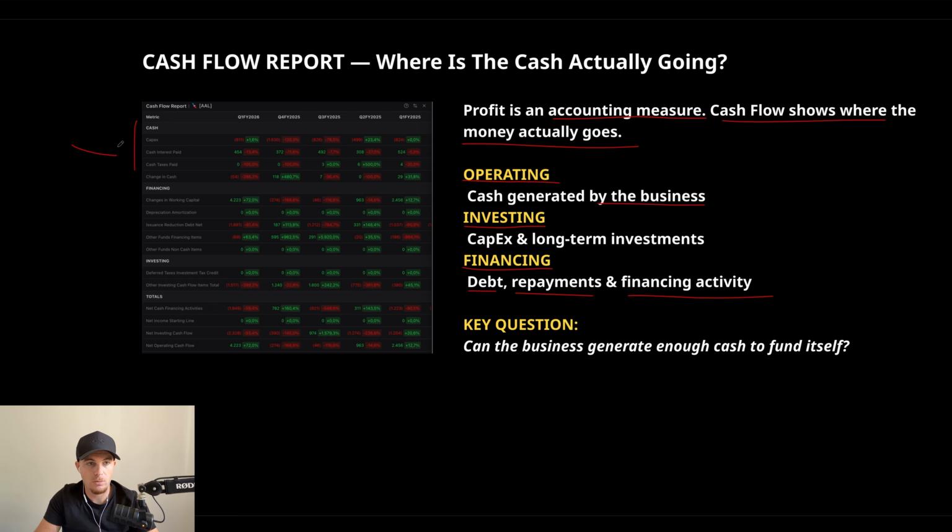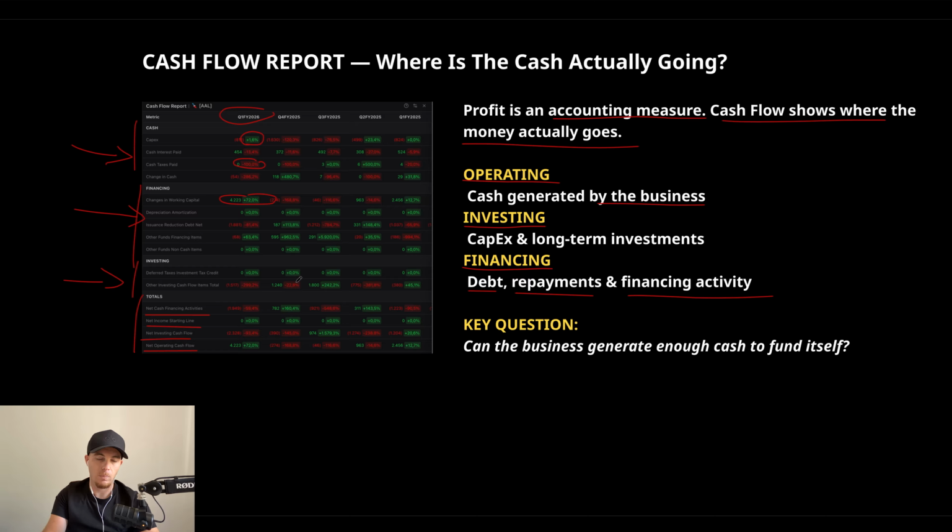You have the cash for American Airlines, the financing for American Airlines again, and the investing for American Airlines, again for Q1. And you can check the percentage here, and especially the amount as well. You can analyze everything, and you have the total at the end: the net cash financing activities, the net income starting line, net investing cash flow, net operating cash flow.